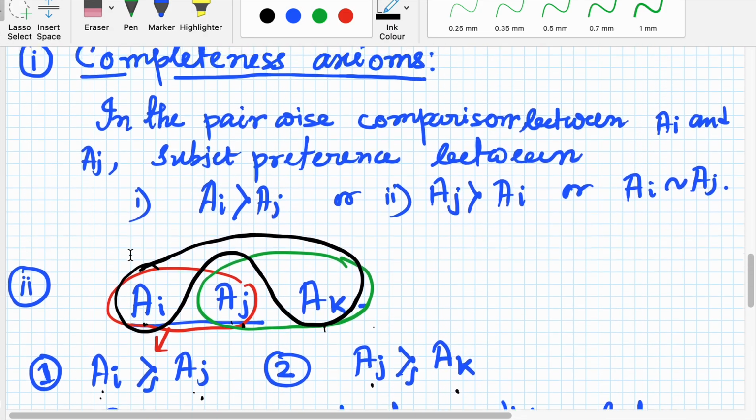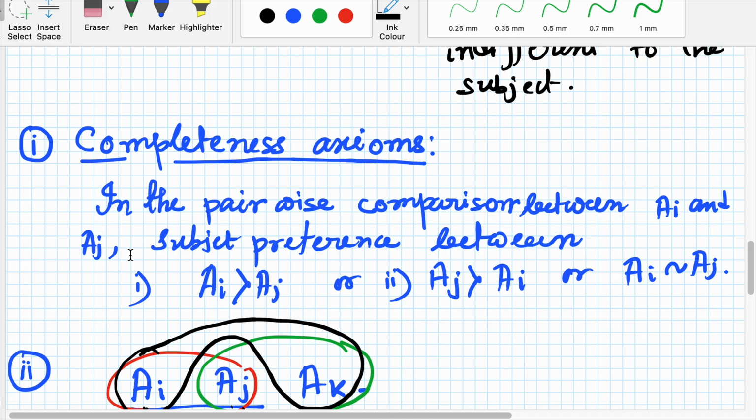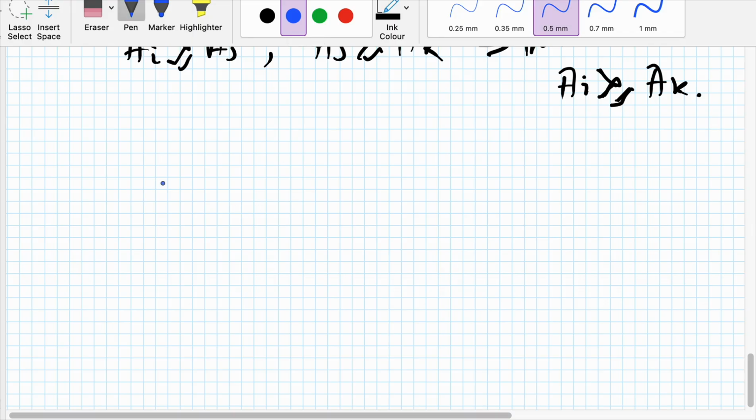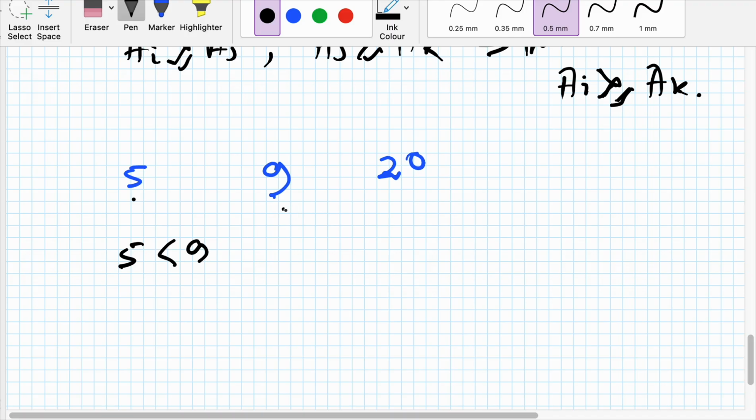Let us see that. Now from here you can see that it naturally brings us toward the real numbers. If I give an example, suppose the numbers 5, 9 and 20: between 5 and 9, there is a relation, 5 is less than 9, and between 9 and 20, 9 is less than 20, and between 5 and 20, 5 is less than 20.